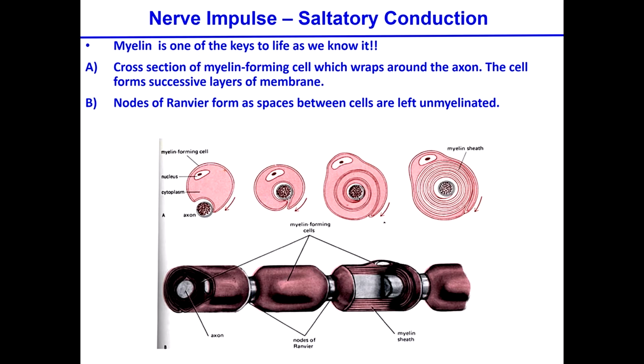Now, one of the things that we need to understand is that there is a way of actually even accelerating the way in which this is transmitted. And in that regard, myelin helps greatly. Okay?